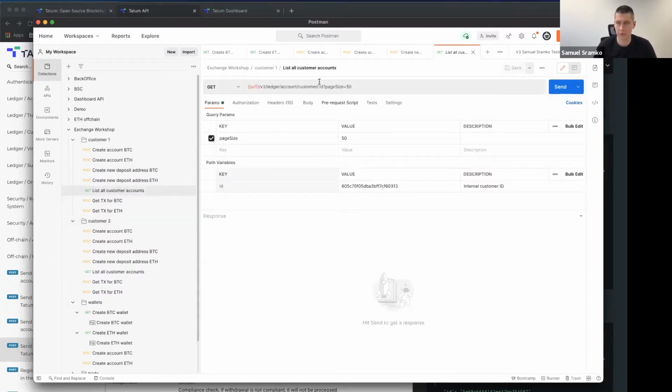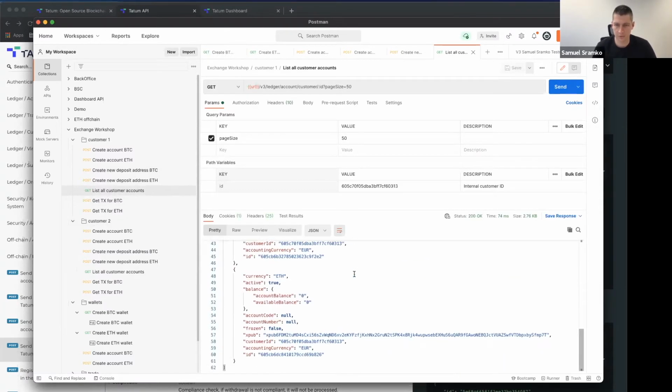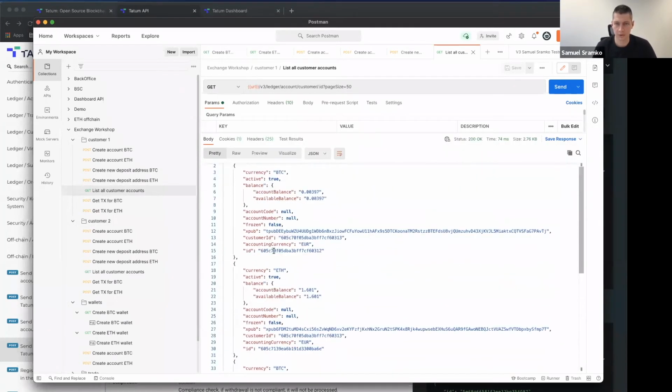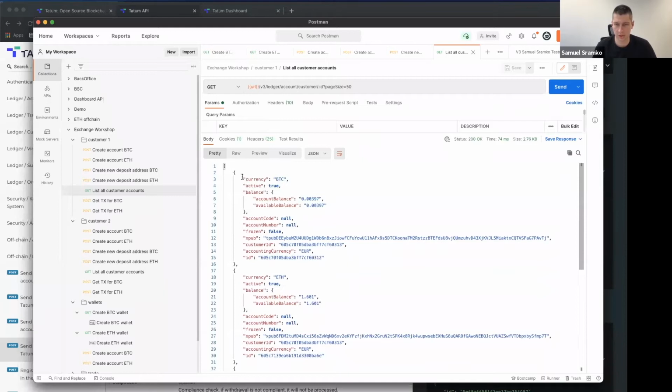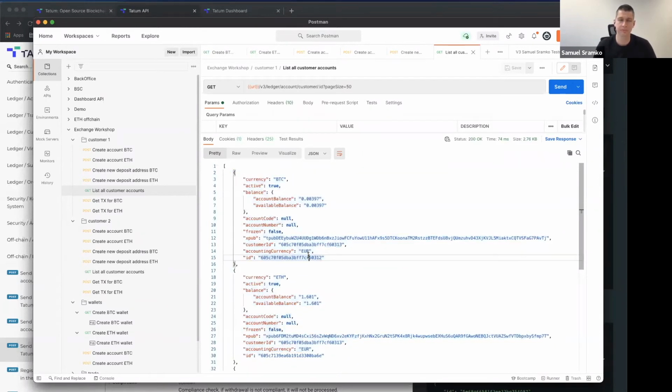So when I invoke the endpoint to list all customer accounts I have, I can see that I have created 4 accounts for one customer. The first ones are already debited with the crypto, so we can work with them.